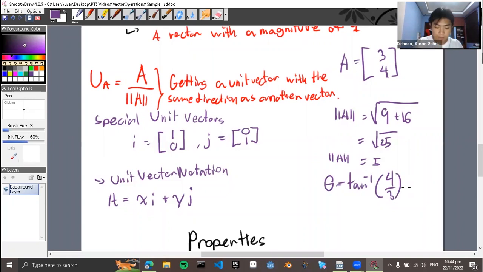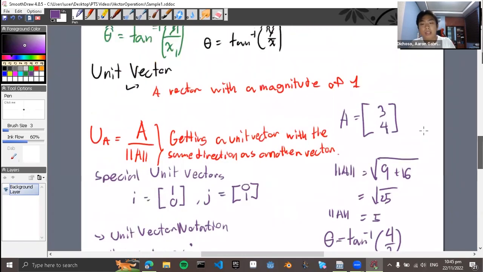I would get a value of 53.13 degrees. So, medyo ganyan. That would be, visually, it would look something a bit like that.